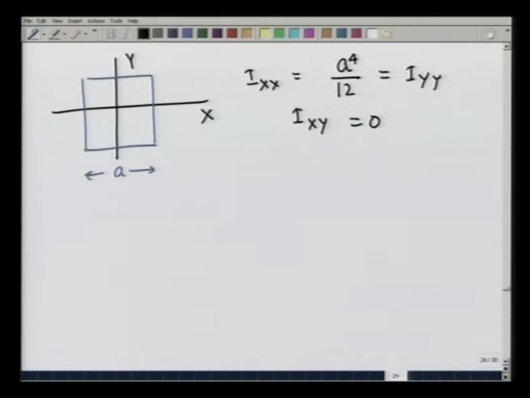The fact that I x x and I y y are equal and I x y is 0 makes these quantities the same, no matter which other frame you look at.